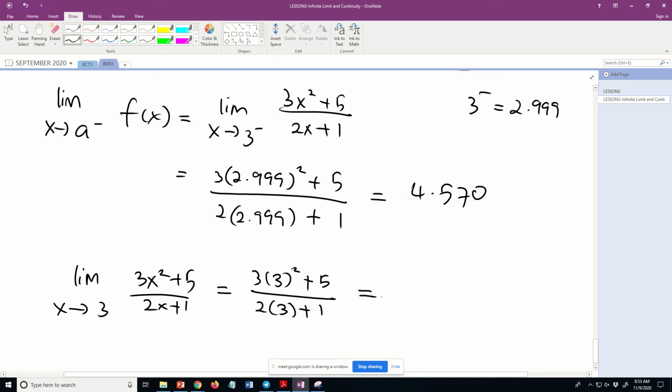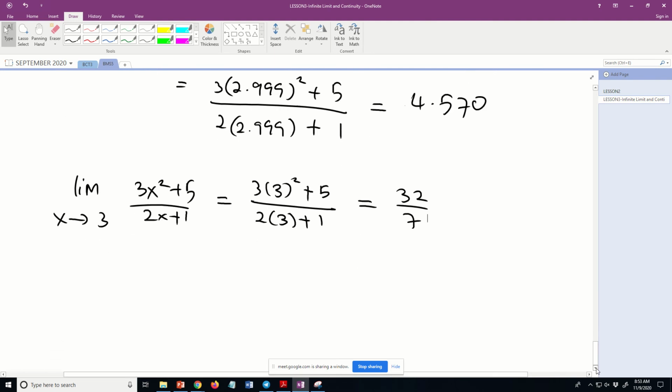Because it exists, it is actually 32 over 7, same as just now and the previous. Since it exists, that is why I put 32 over 7.